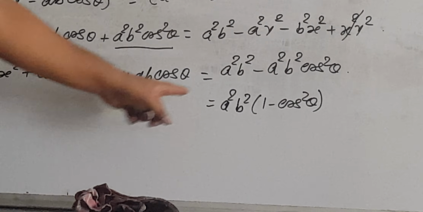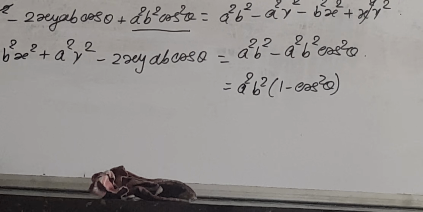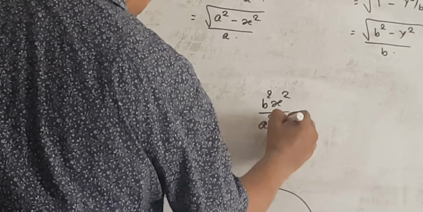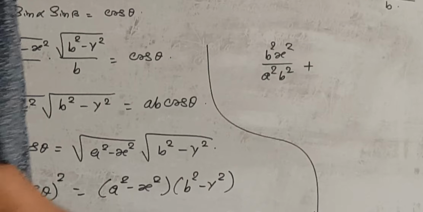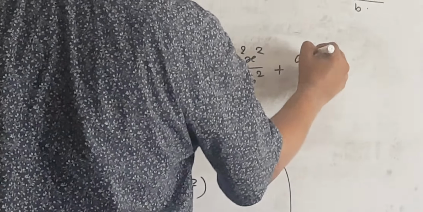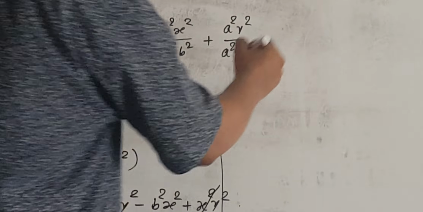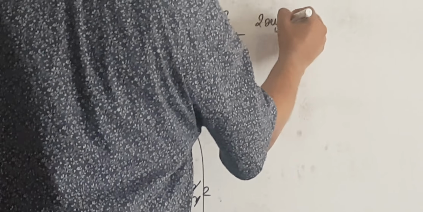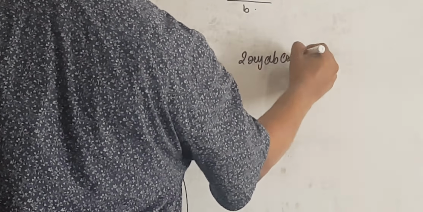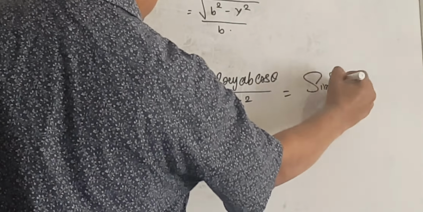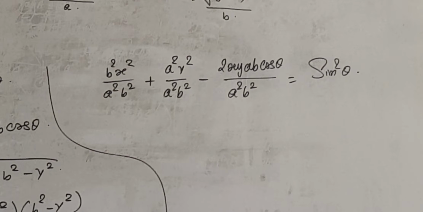And if I divide this whole term by a square b square, I am writing here, it's lengthy: b square x square upon a square b square plus a square y square upon a square b square minus 2xyab cos theta upon a square b square is equal to sin square theta, because 1 minus cos square theta is sin square theta.